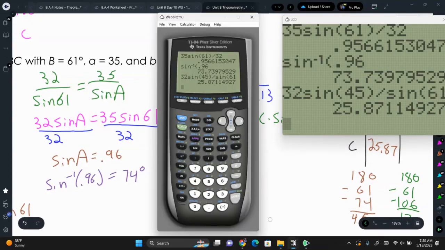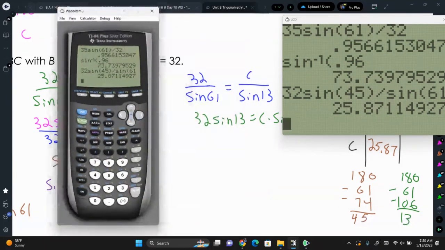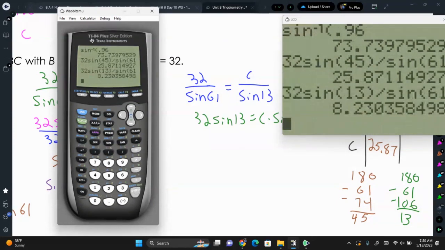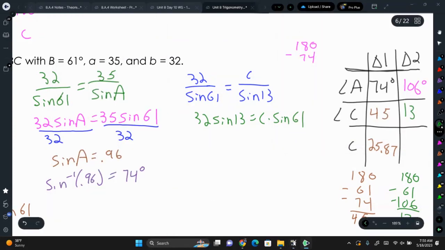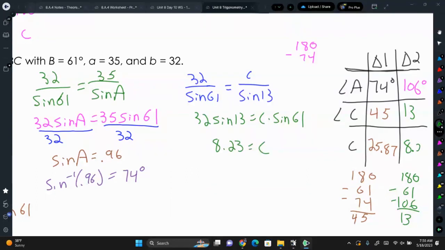In my calculator, I'm just going to go back up and grab this, because the only thing that's changing is instead of this being 45, it's 13. We're still dividing by sine of 61. We get 8.23.